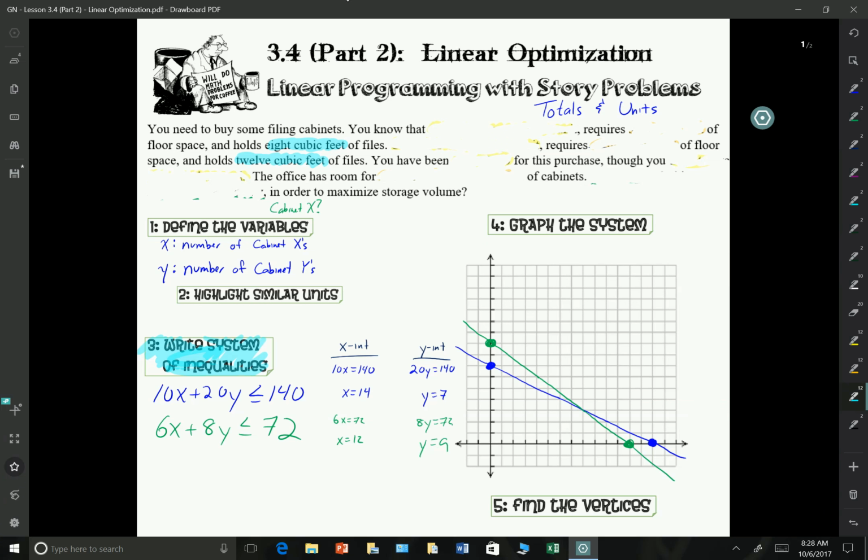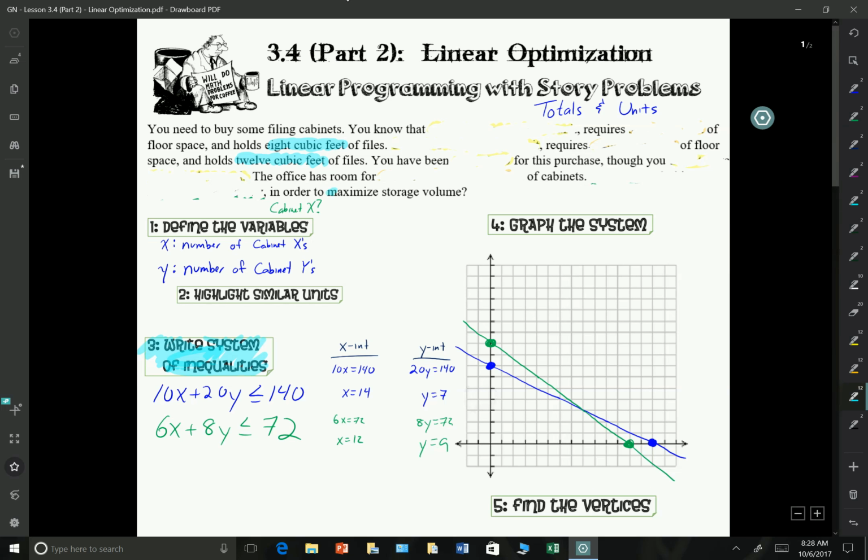There is no total. Why is there no total for cubic feet? Well, why isn't it given? Is that the max?